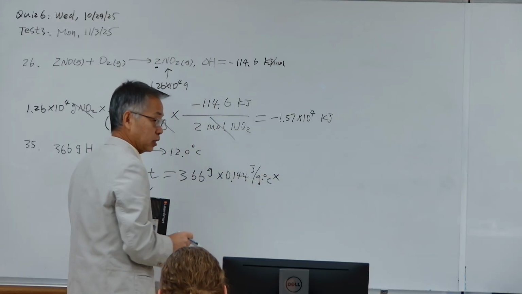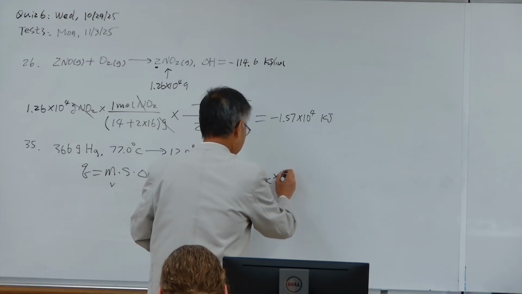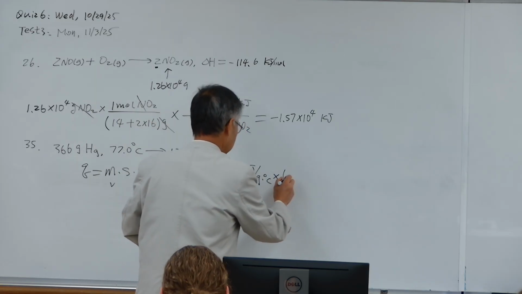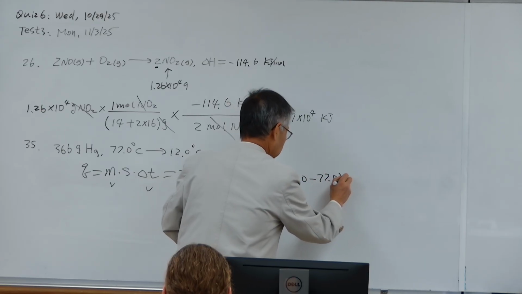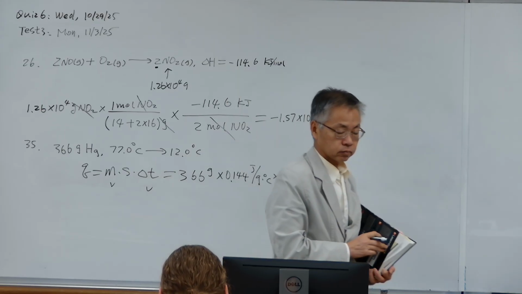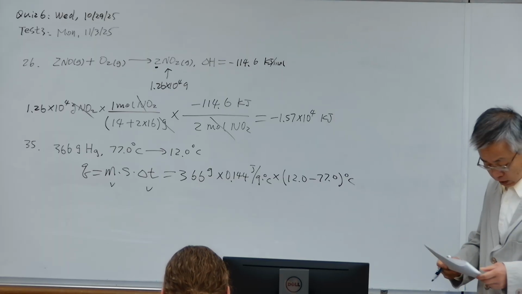Again, we find this in the table provided. Then temperature change, always final minus initial. The delta is always final value minus initial value.